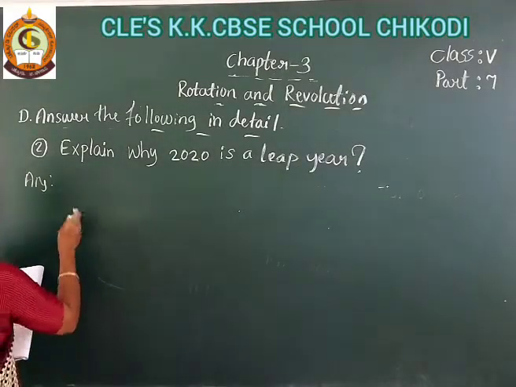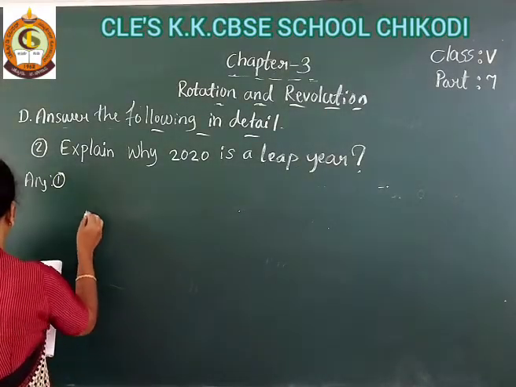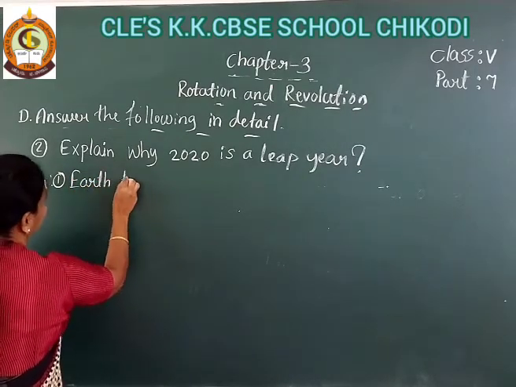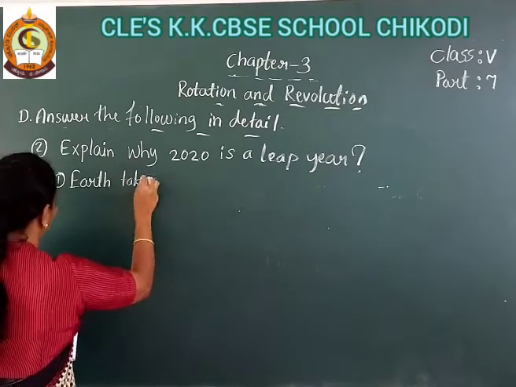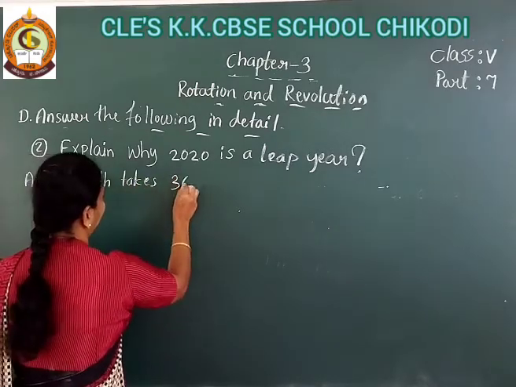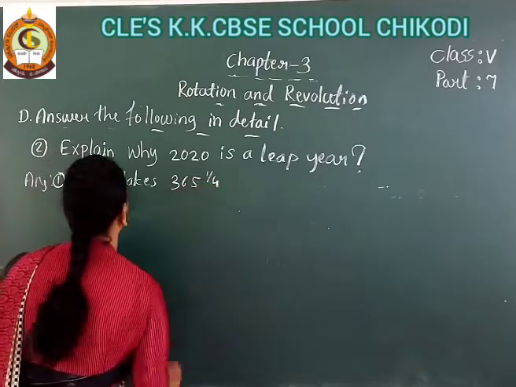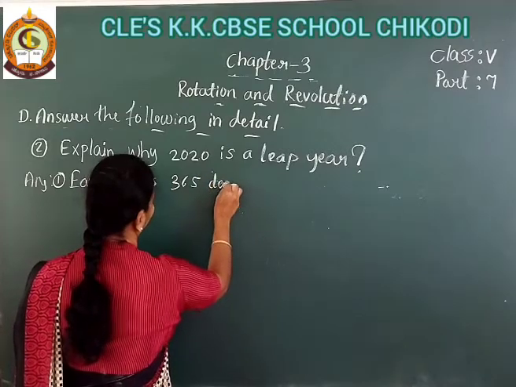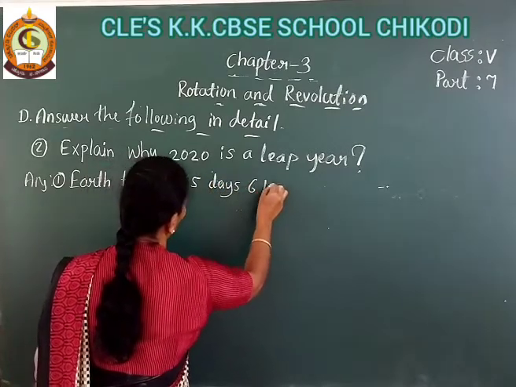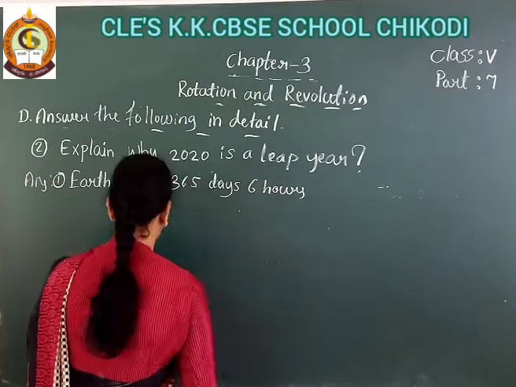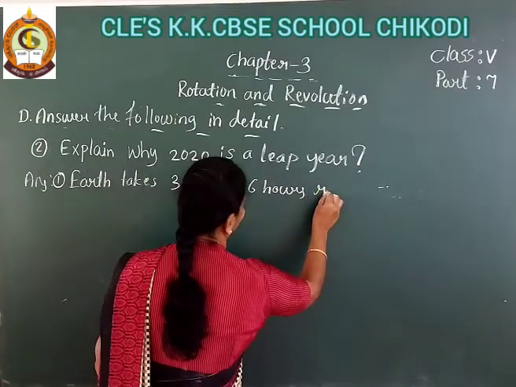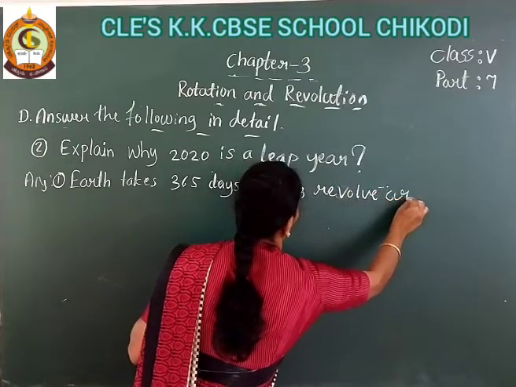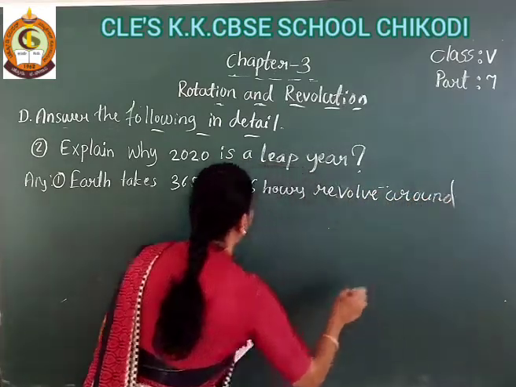See students, first point, Earth takes 365 days and 6 hours to revolve around the sun.